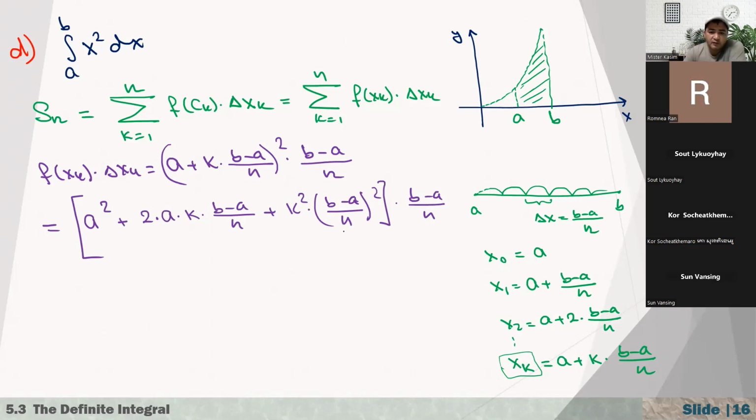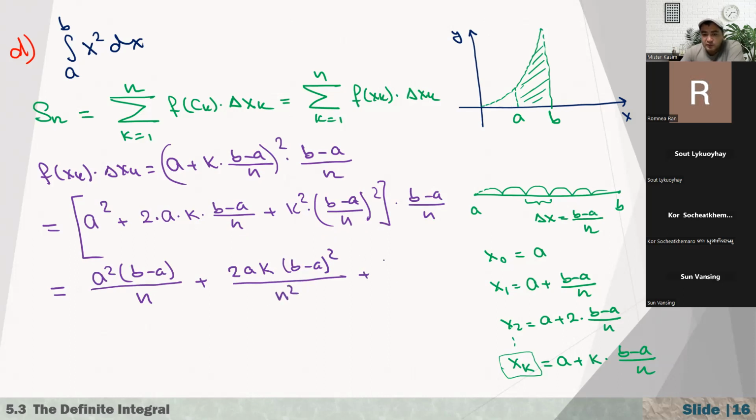Now if you expand this, we have a squared times b minus a over n, plus 2ak times b minus a squared over n squared, plus the last one, k squared times b minus a cubed over n cubed.